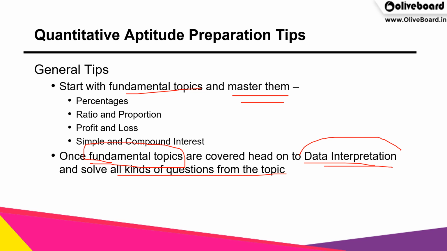You should not start with data interpretation because here a mixture of these topics is asked. Unless you know the shortcut for percentages or ratio and proportion, profit and loss, simple and compound interest, you will not be able to solve data interpretation questions. So start with the fundamental topics, master them, and then go on to the difficult ones.